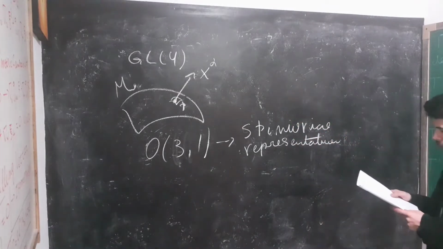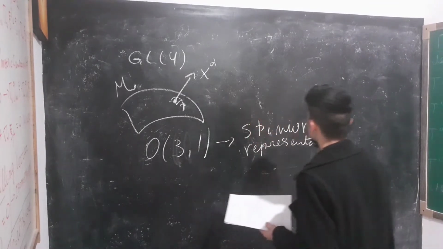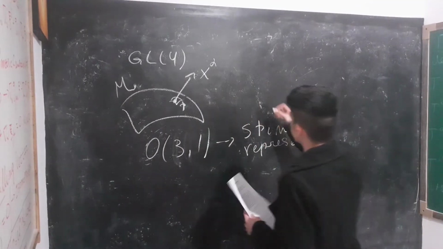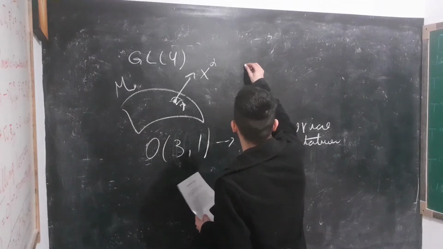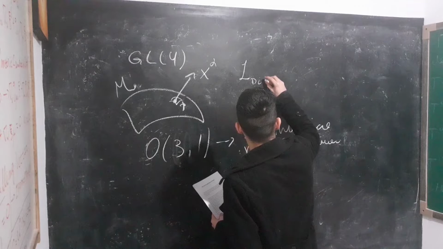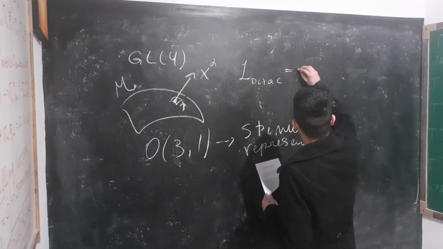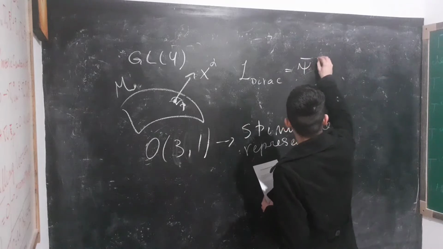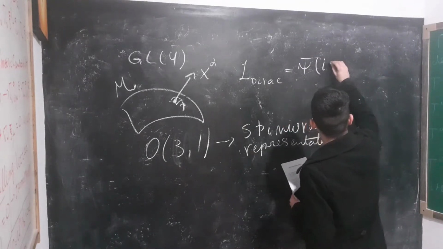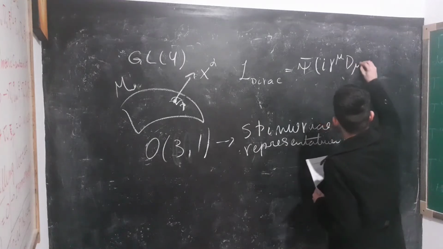So, given all those considerations, the first thing we can do is write a Dirac Lagrangian density, L Dirac, which is psi bar i gamma mu capital D mu.